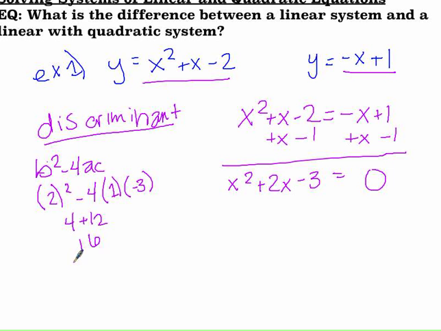So really I have 16. If you recall, the discriminant tells us how many real roots we have. In this case, we're not talking about roots, we're talking about solutions, and the solutions are actually the intersections between these two functions. So if you recall looking back on your notes, a positive discriminant tells me that I have 2 solutions.